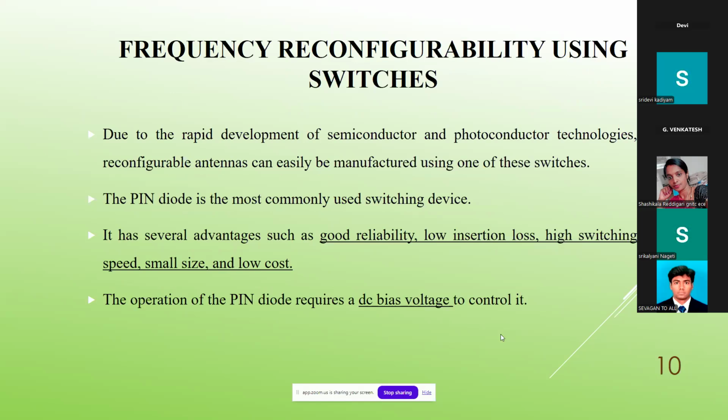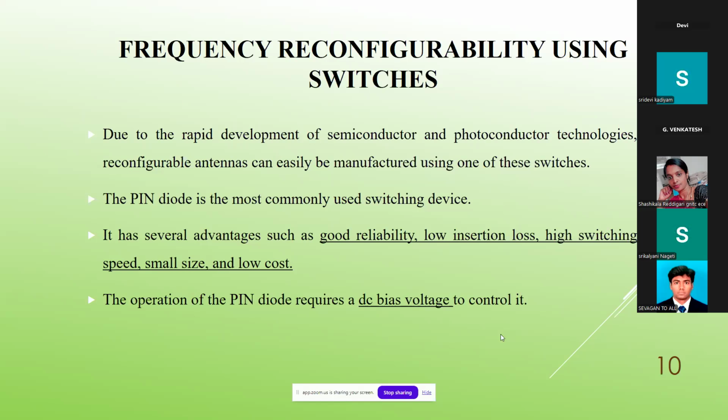Due to the rapid development of semiconductor and photoconductor technology, reconfigurable antennas can easily be manufactured using one of these switches. Among switches, we can go for, say, the PIN diode. The PIN diode is the most commonly used switching device. Why are PIN diodes used? Normally, we put a question: while the varactor diode is there, why PIN diodes?